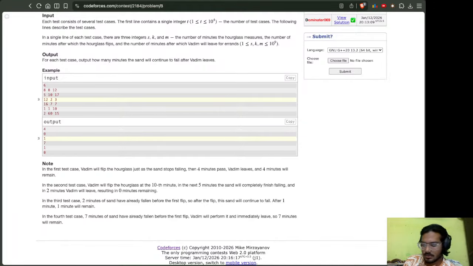If he leaves after 2 minutes, we will have exactly 2 minutes of time left. After 3 minutes, we will have 1 minute of time left. If he leaves after 4 minutes, if m was 4, we'll again have 12 minutes of time left. 0 1 2 3 4.